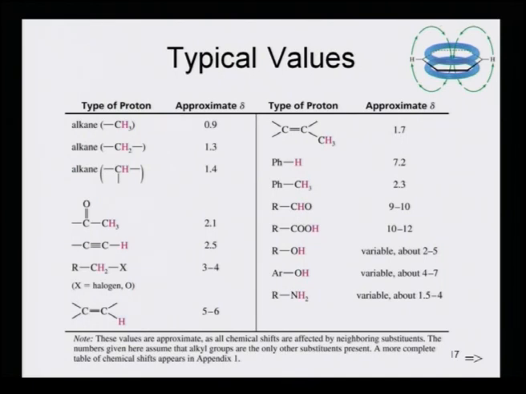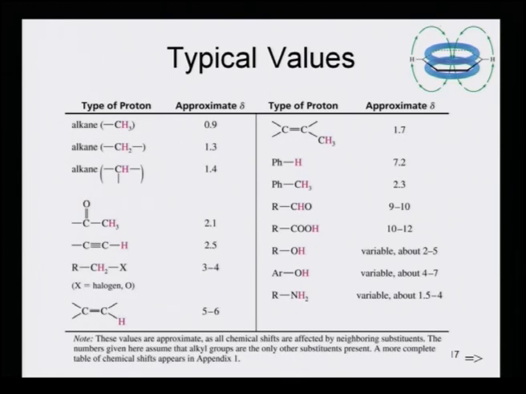So, if you try to look at different protons and the approximate delta values, a simple alkane proton will appear at 0.9. An alkane substituted on both sides, or maybe the CH2 of the alkyl group, will appear at 1.3.